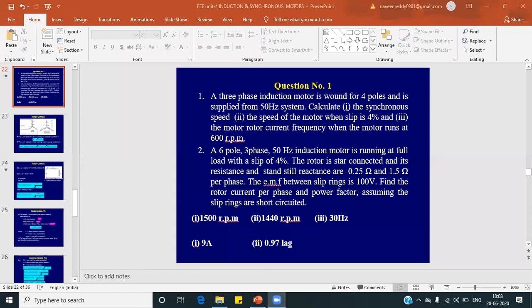This thing you better refer to in a textbook. It is not that necessary for you guys. Braking means stopping the motor. If you just cut off the supply, the motor will stop, but because of moment of inertia, it keeps on rotating. To reduce the time to stop, we have to apply braking.